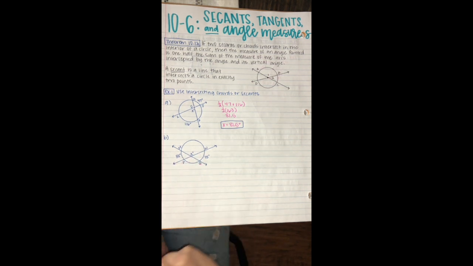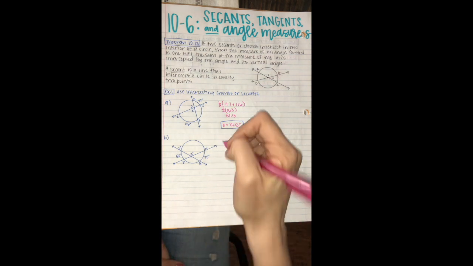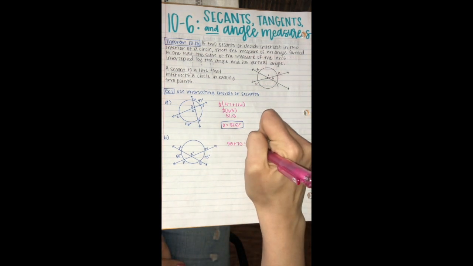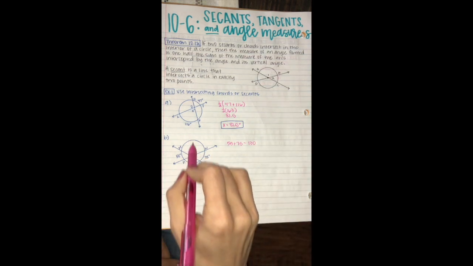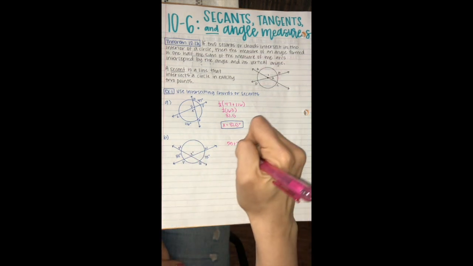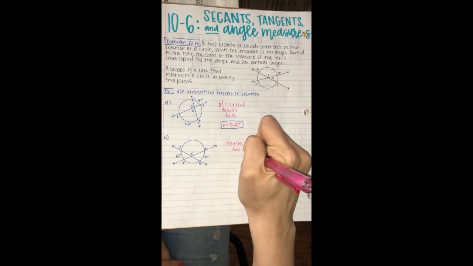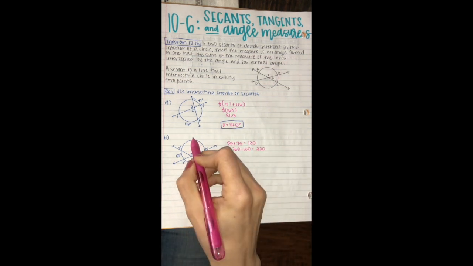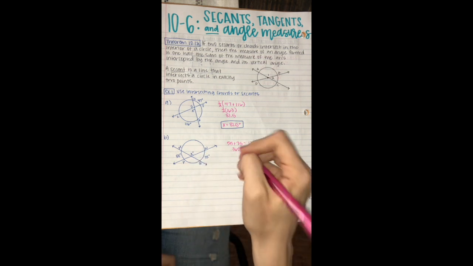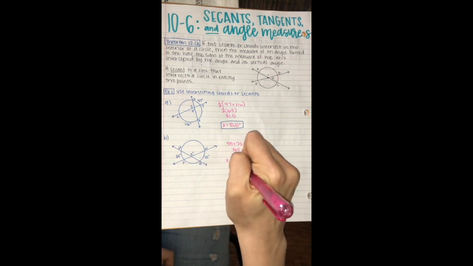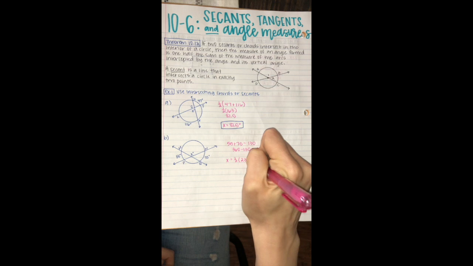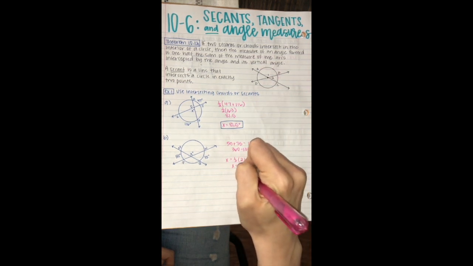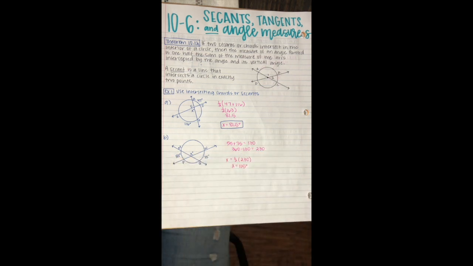Or if we add 55 plus 75, we get 130, meaning that the remaining two pieces would be 360 minus 130, which is 230. So these two together would be 230, and then x would be half of that. So x is half of 230. So x equals 115 degrees.